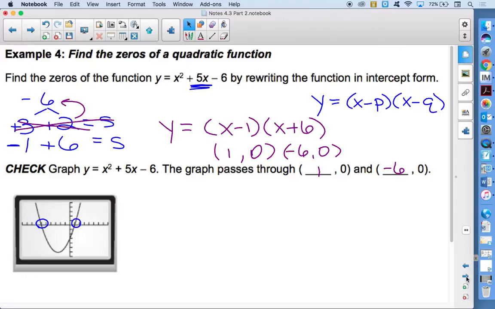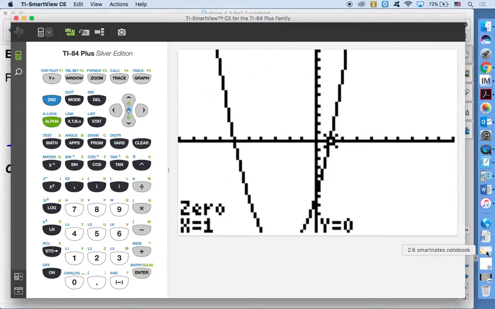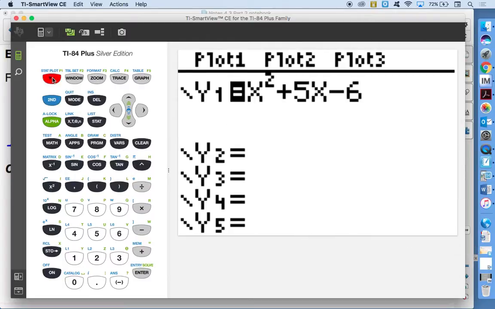So if you could take out your calculator, because I want to show you how to put this on the calculator. Go to the y equals of the calculator and plug in that equation, x squared plus 5x minus 6. So plug in the original equation.